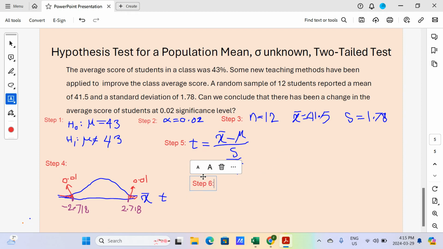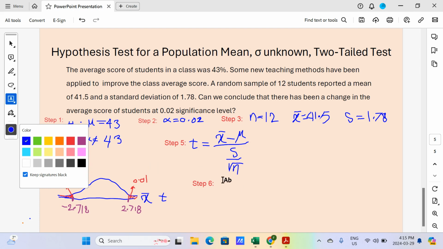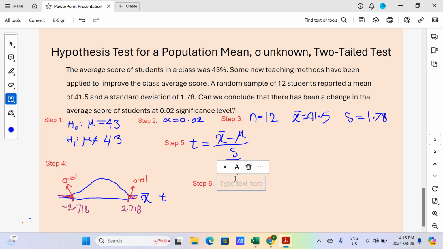Step 6. Let me write that for you. The t-value falls in the left tail, in the rejection region.